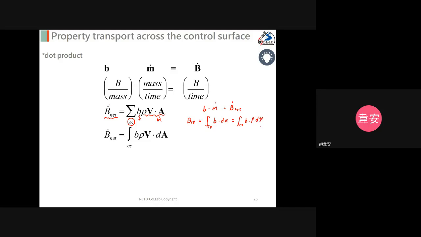So if you compare the B CV and the B dot net here, in the B CV there is no dot product, but in the B dot net we have the dot product operator. So that is the difference between the B CV and the B dot net.